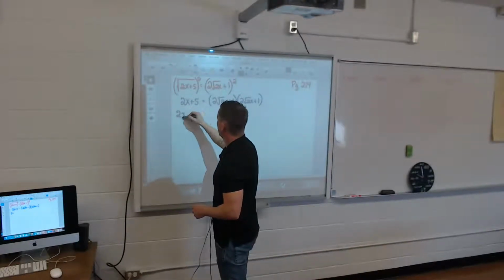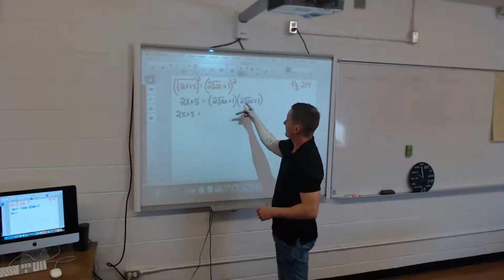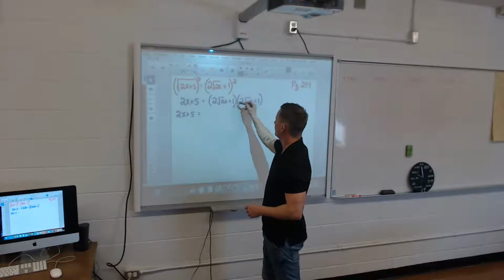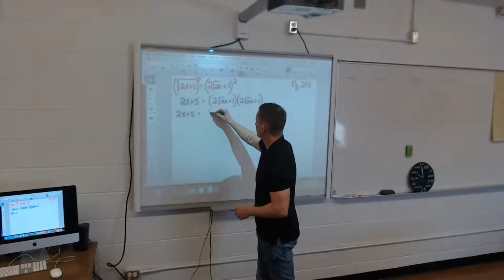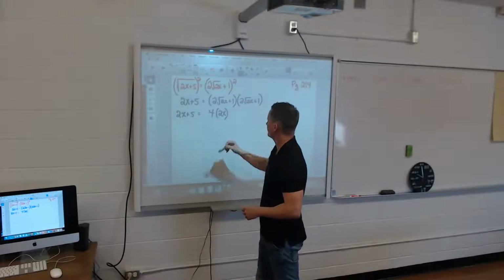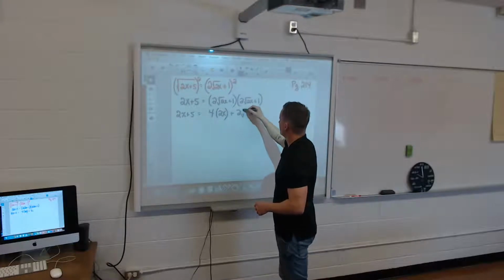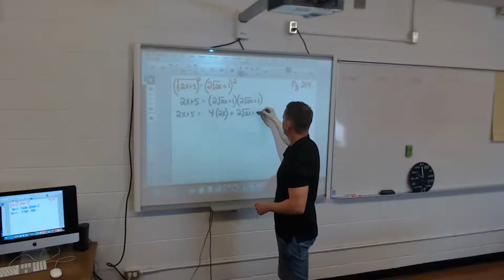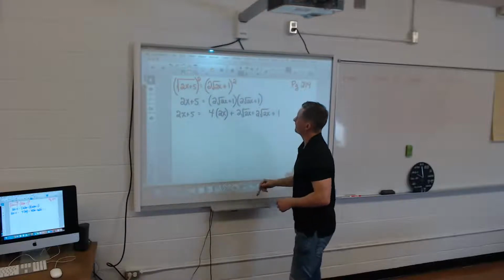Okay, so I have 2x plus 5 equals. I'm going to FOIL this. So I got 2 times root 2x. So that's 2 times 2 is 4. Root 2x times root 2x is 2x. Then I have 2 root 2x plus 2 root 2x plus 1. Okay?